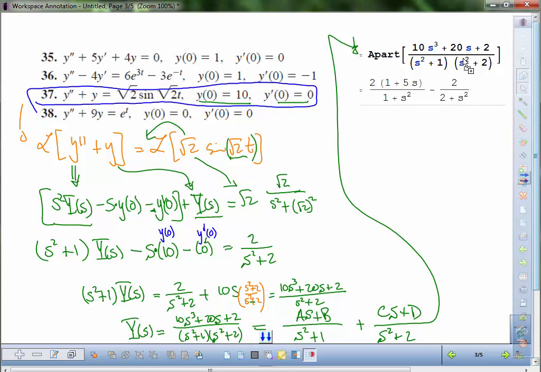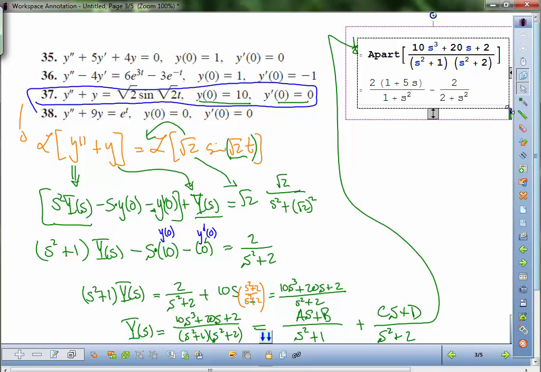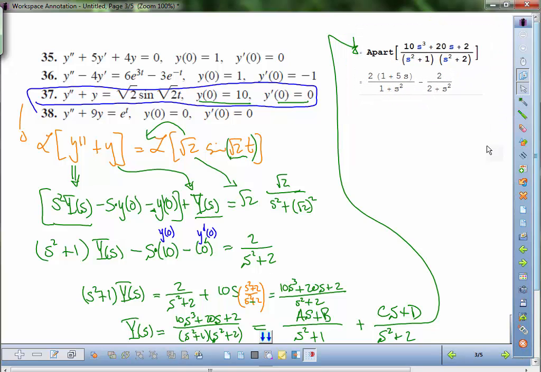So, given our decomposition, I guess it's called the partial fraction decomposition, we have a solution for our y now.